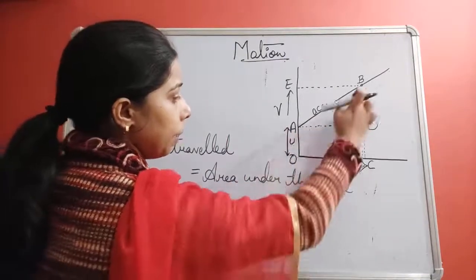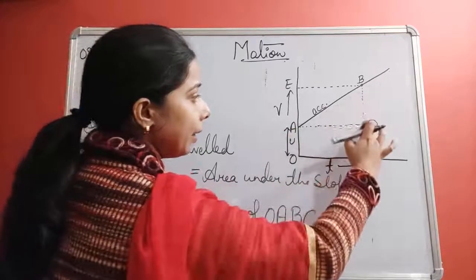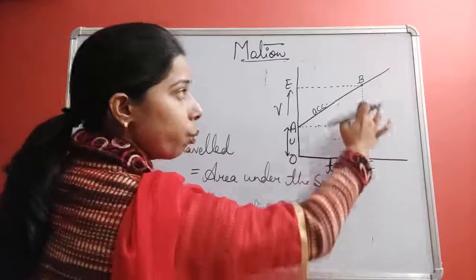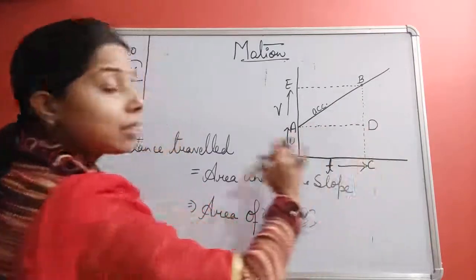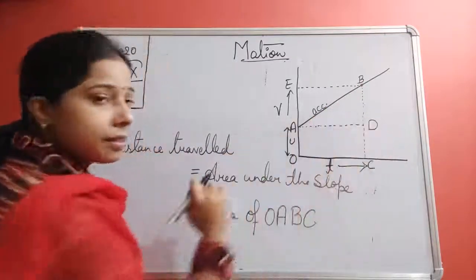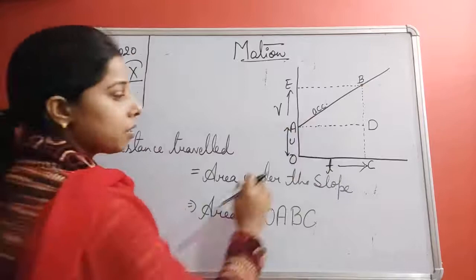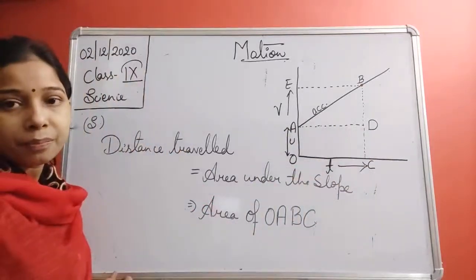Look at the graph: ABD is one figure, and OADC is the other. ABD is a triangle, and OADC is a rectangle.